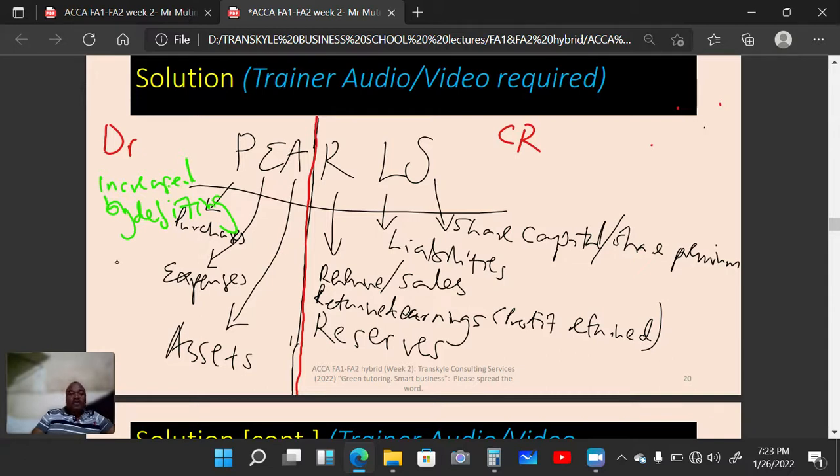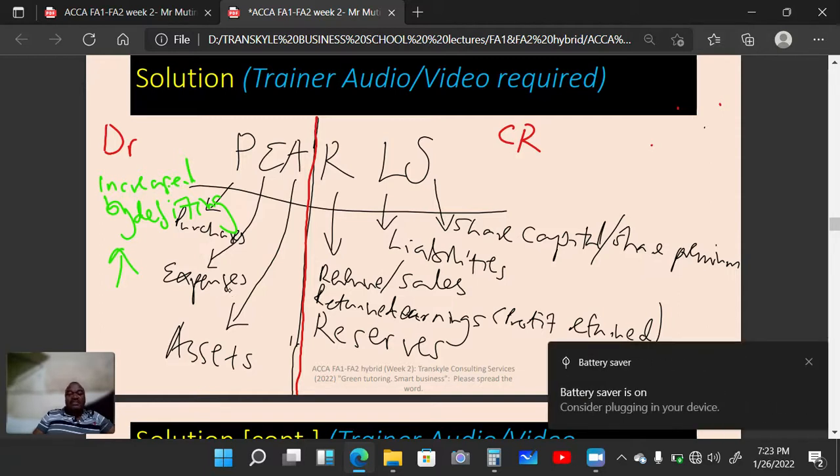So if we incur an expense, let's say rent this month, we are debiting expenses. We are increasing expenses. Similarly, assets. If we have bought a car, we are increasing cars. We are increasing assets. These are the things which we own for a long time in the business, so we call them assets.